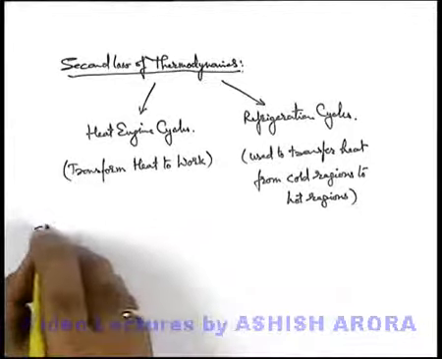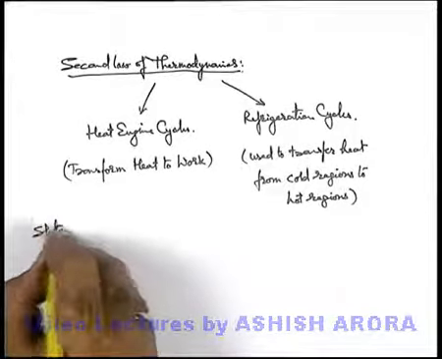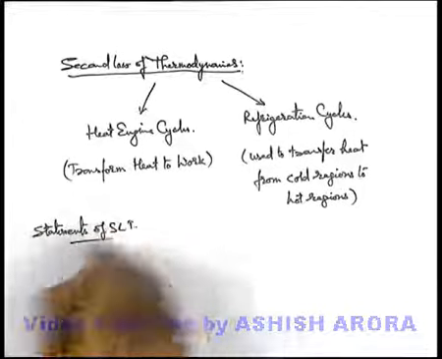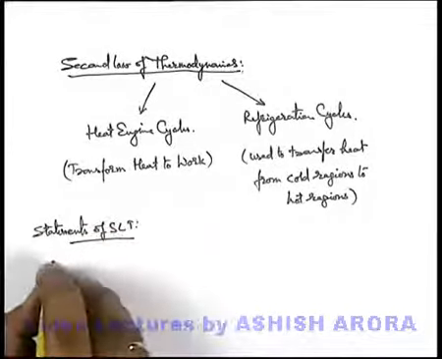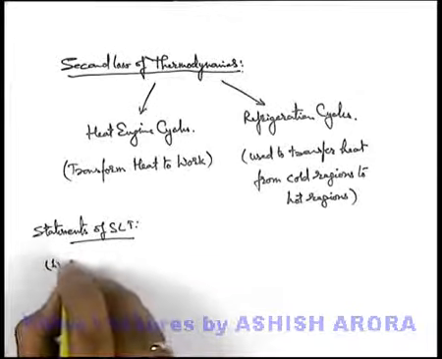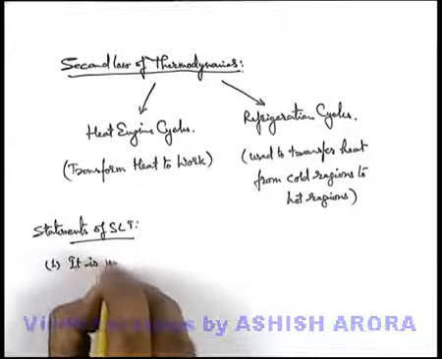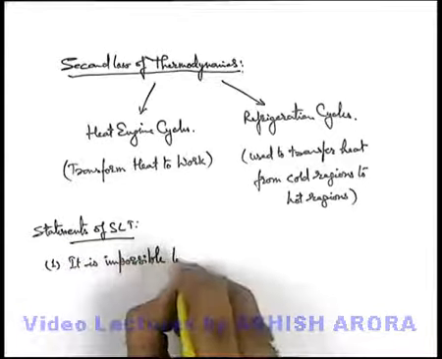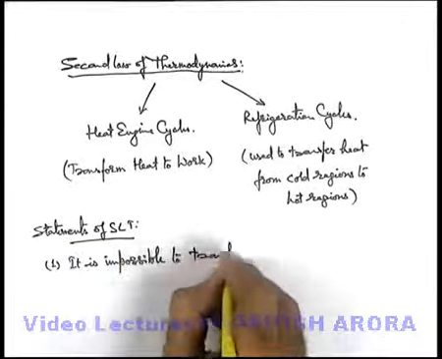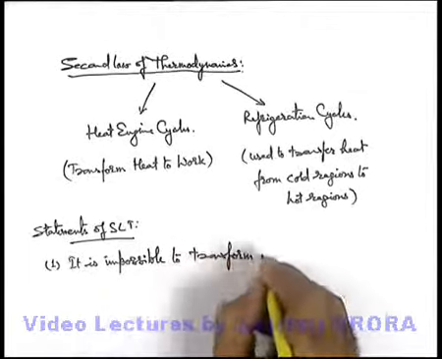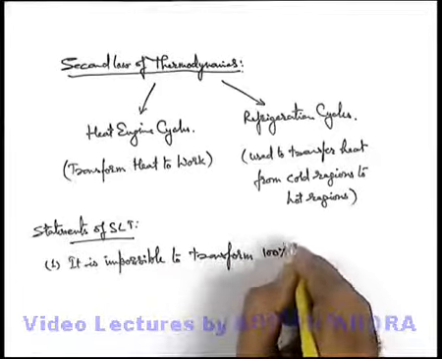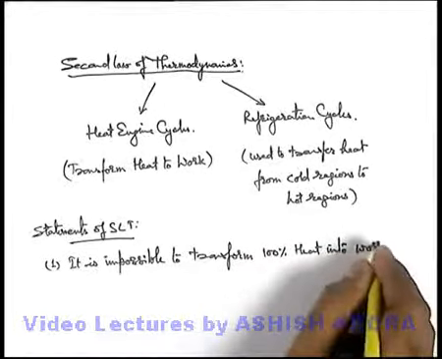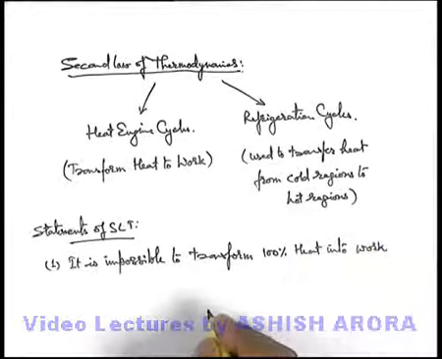So, the statements of second law of thermodynamics are given in two ways. The very first statement is: it is impossible to transform 100% heat into work.